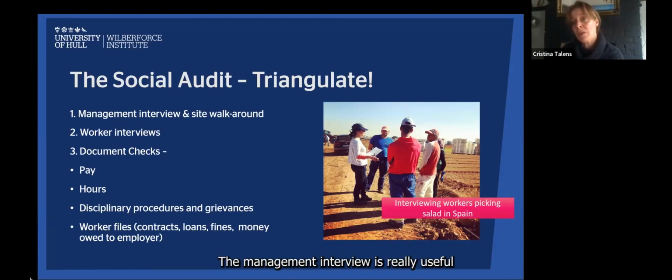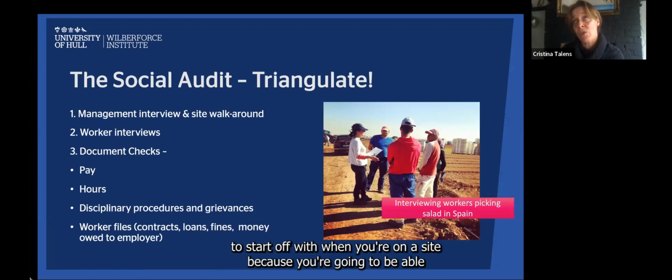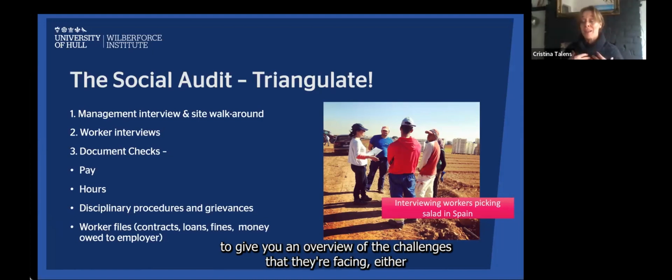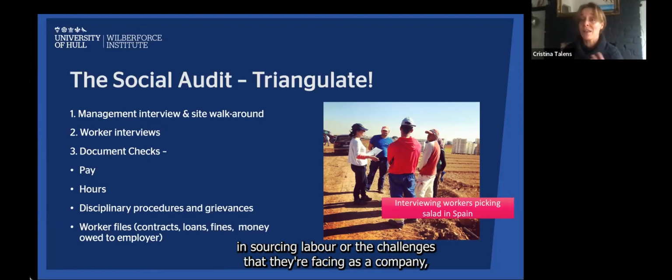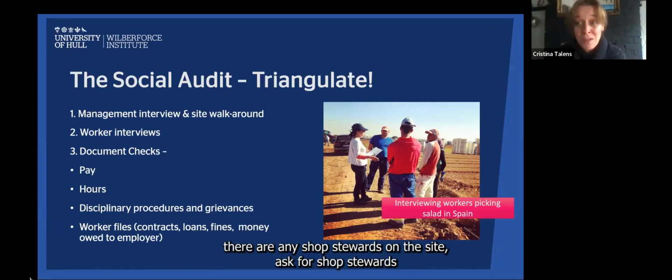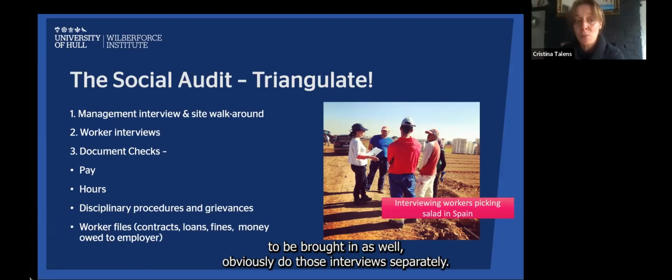The management interview is really useful to start off with when you're on a site, because you're going to be able to give managers and the people that are running the companies the opportunity to give you an overview of the challenges that they're facing, either in sourcing labor or as a company, even in terms of pricing, etc. So it gives you the context. I would always ask for an HR manager to interview, and then if there are shop stewards on the site, ask for shop stewards to be brought as well. Obviously, do those interviews separately.